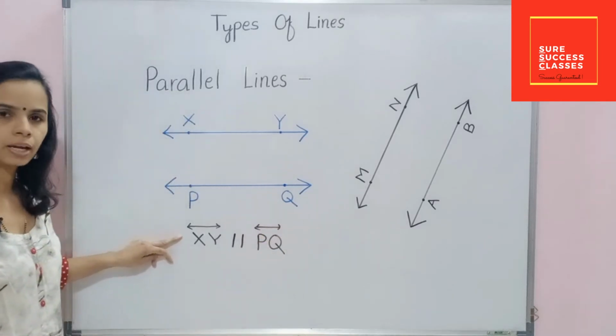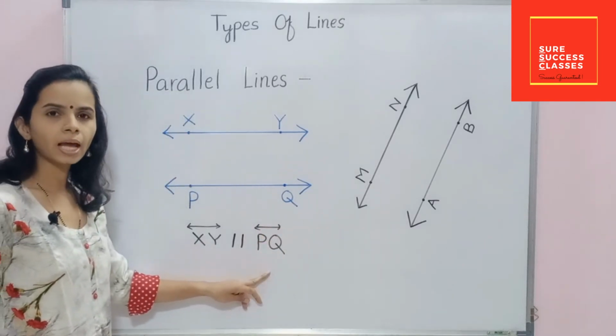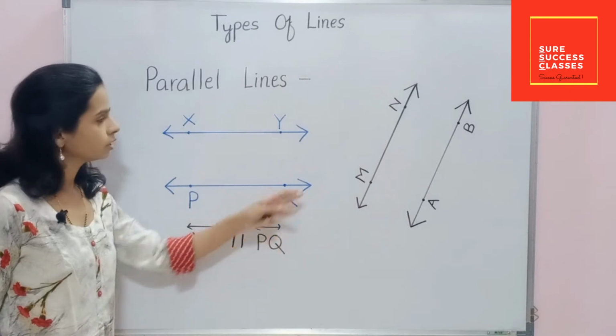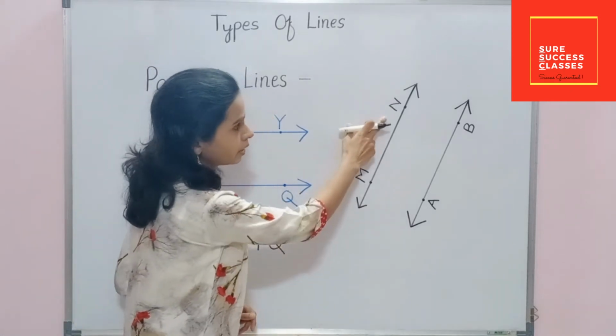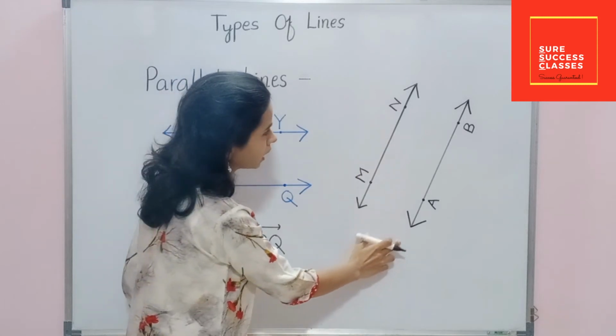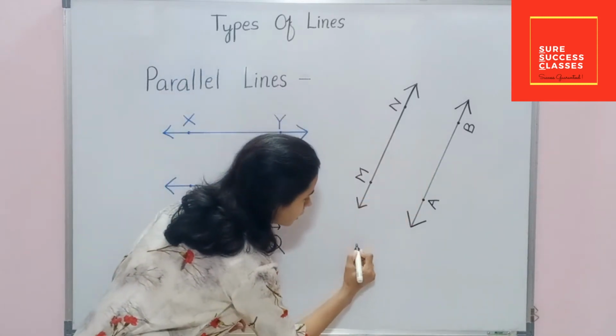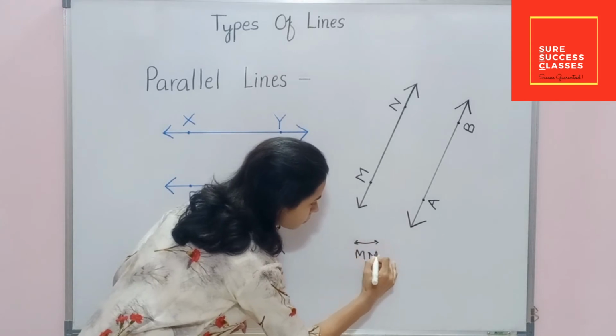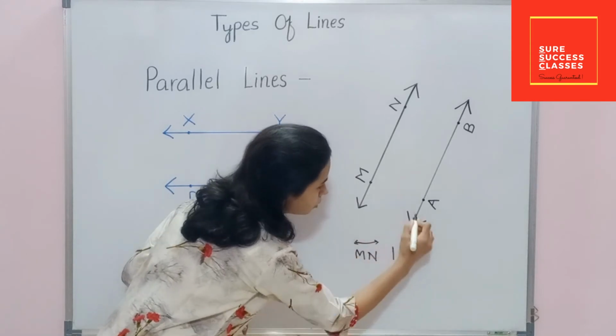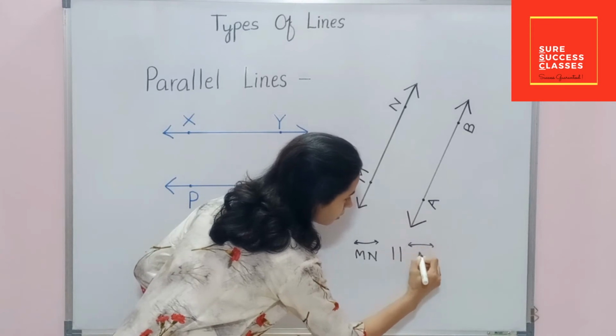In the same way, we can write here line MN is parallel to line AB. We write it as line MN is parallel to line AB.